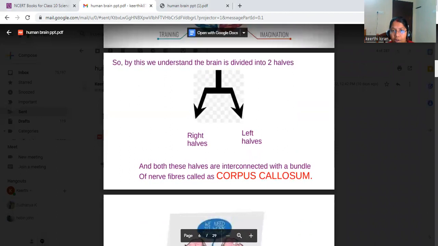By this we understand that the brain is divided into two halves, the right half and the left half.